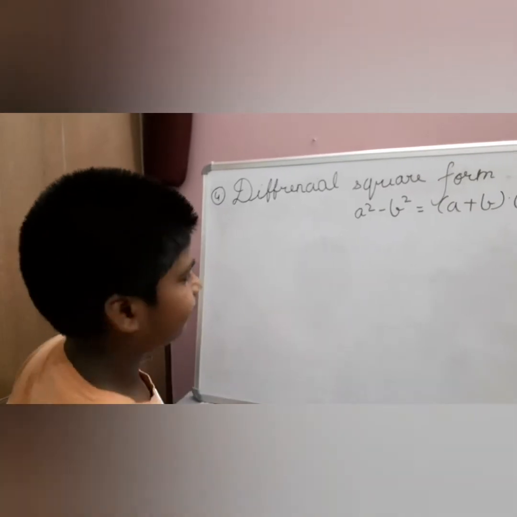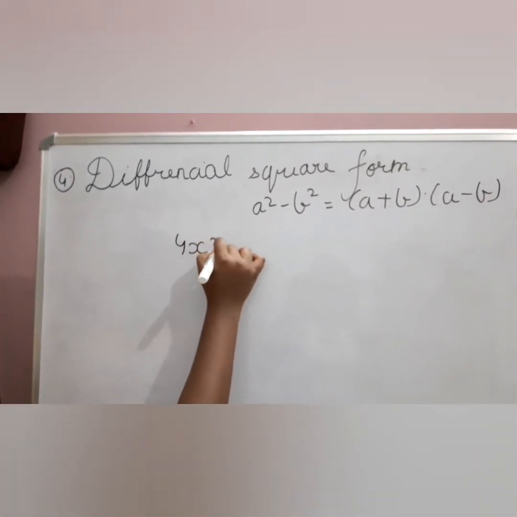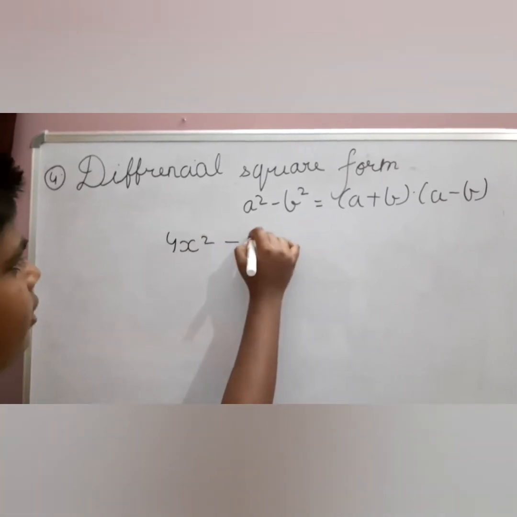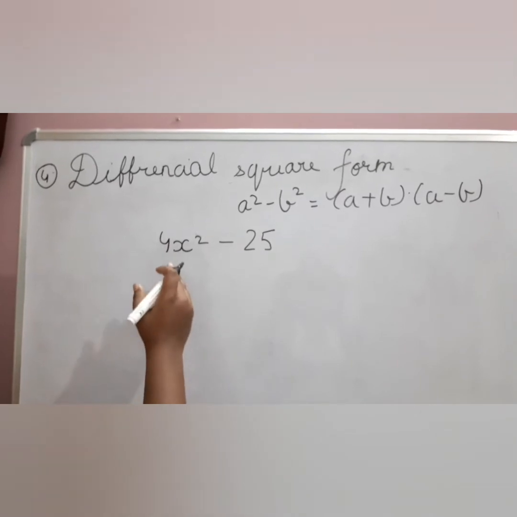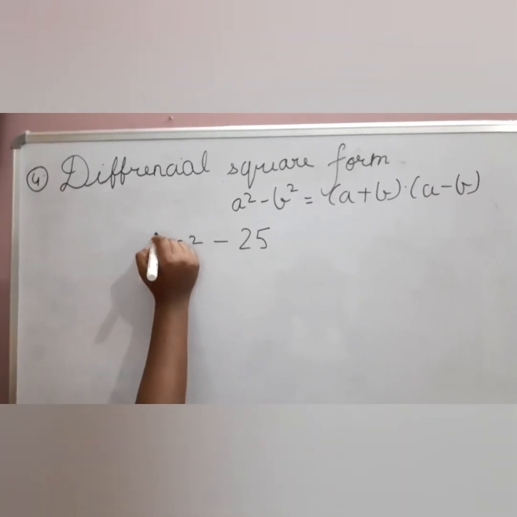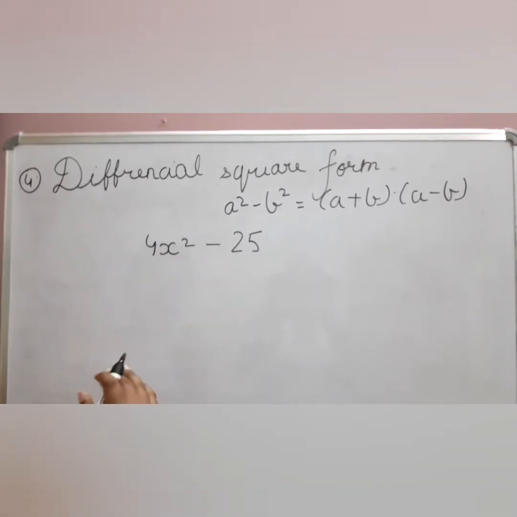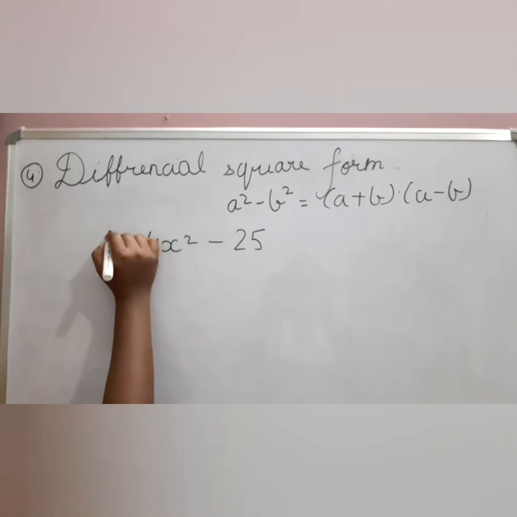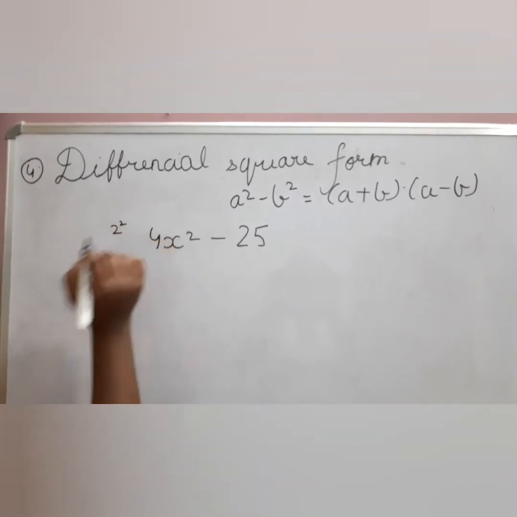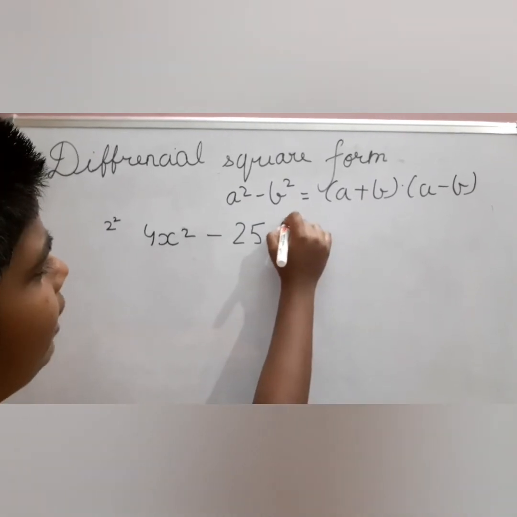For example, if our expression is like this: 4x square minus 25. So the square of the variable is given, but the square of the coefficient is not given. So we know that this 4 is the square of 2, and 25 is the square of 5.